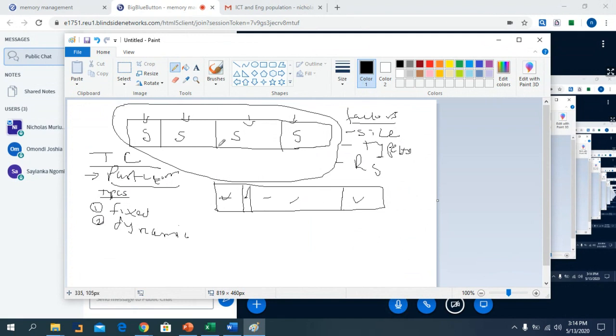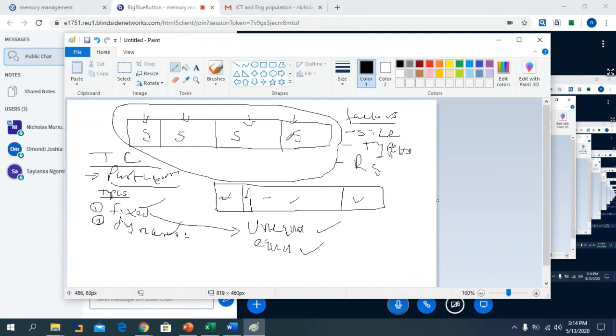So there are two types of partition: fixed partition and dynamic partition. When you look at fixed partitions, you classify them into two. One classification is unequal, and the next one is equal.